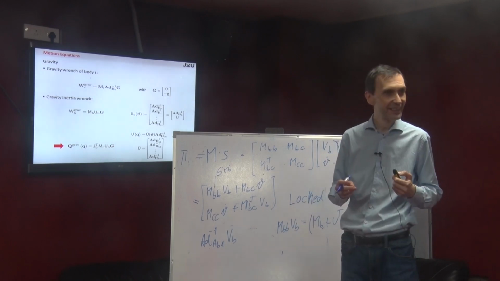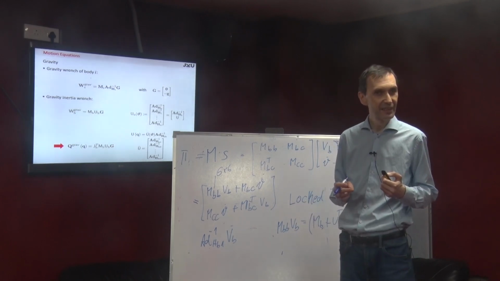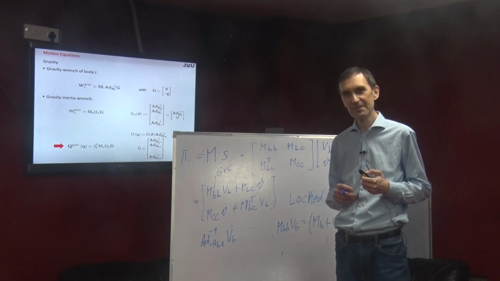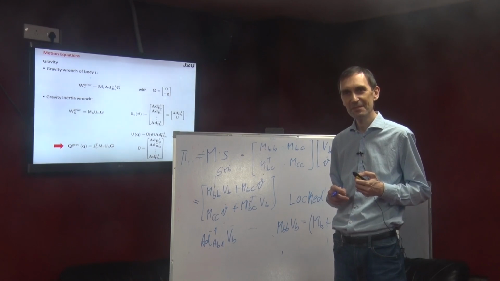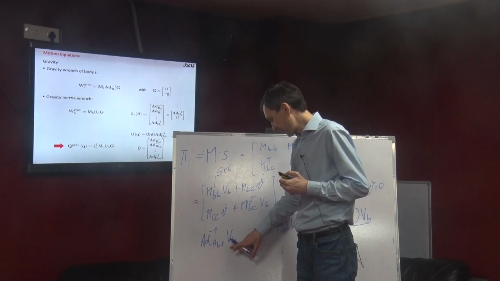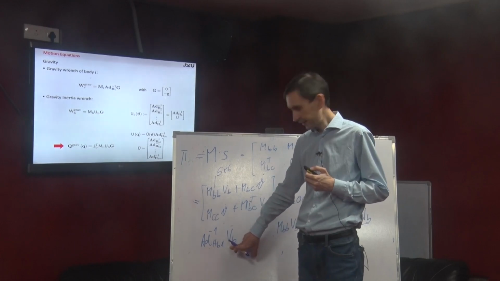Velocity of the base with respect to the inertial frame, represented in the base frame. It's the base twist, correct?